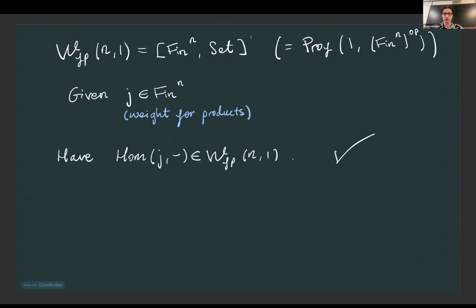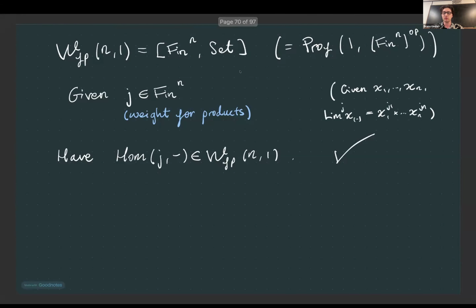There's a straightforward way of doing that, which is just to take the representable functor from finite sets to the n into sets. Equivalently, this functor category is also profunctors from 1 into finite sets to the n up, and just taking the representable profunctor corresponding to J.